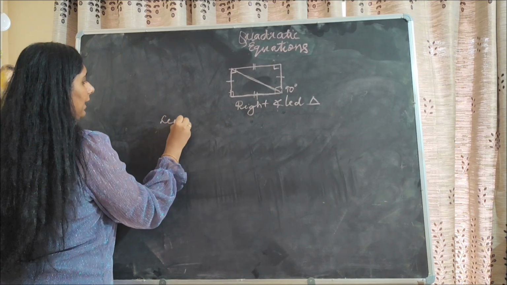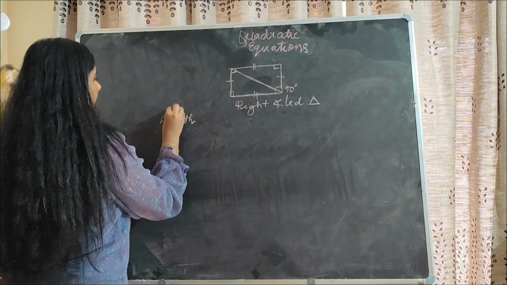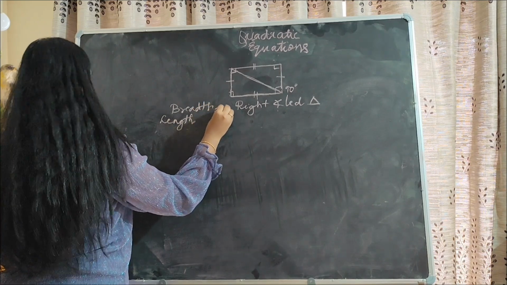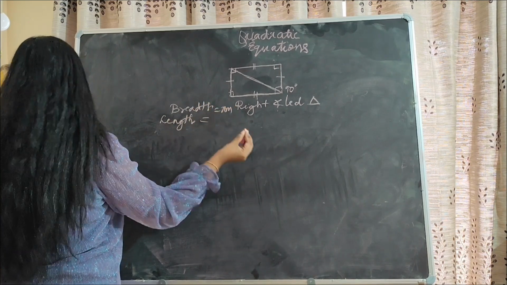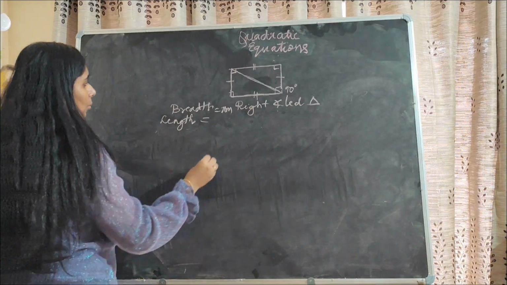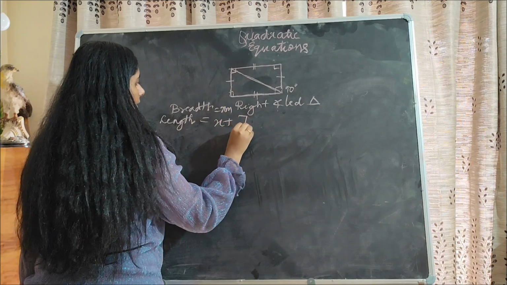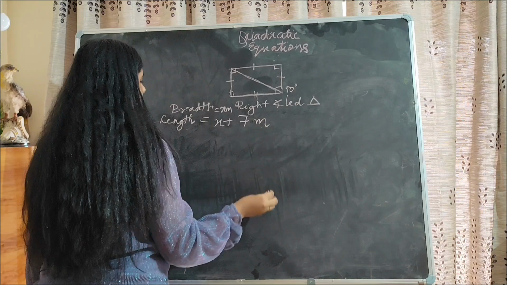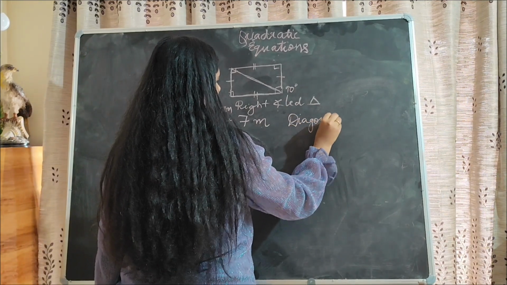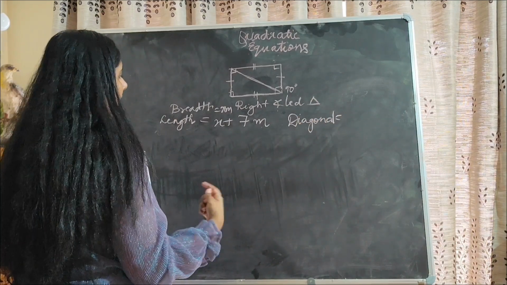So let the breadth be x meter, and length is given as more than the breadth by 7, and the diagonal is given as more than the length by 1.